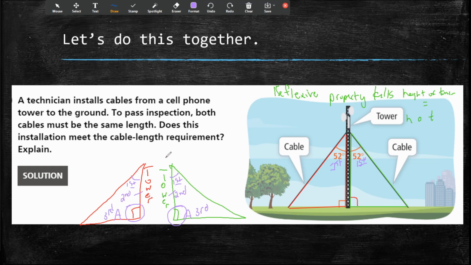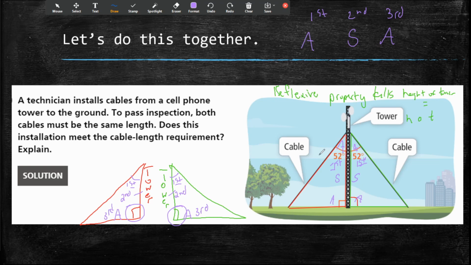So now if I write these out in order, from first to second to third, I get angle, side, angle, right? Because that tower is always equal to itself, whether it's in the red triangle or in the green triangle. It's just equal to itself by the reflexive property. So now we have angle, side, angle.